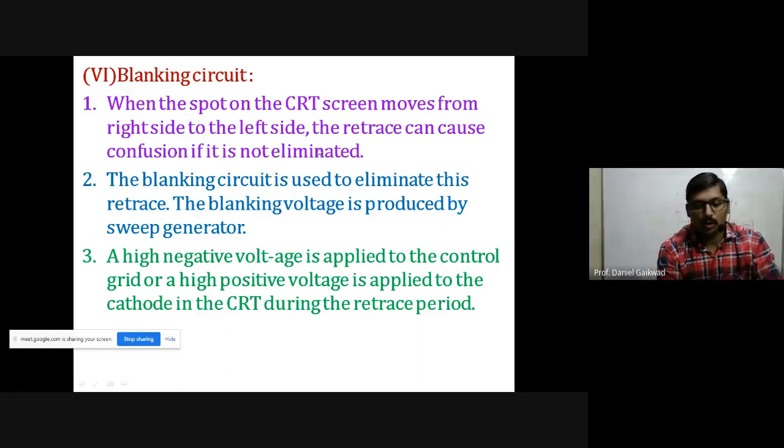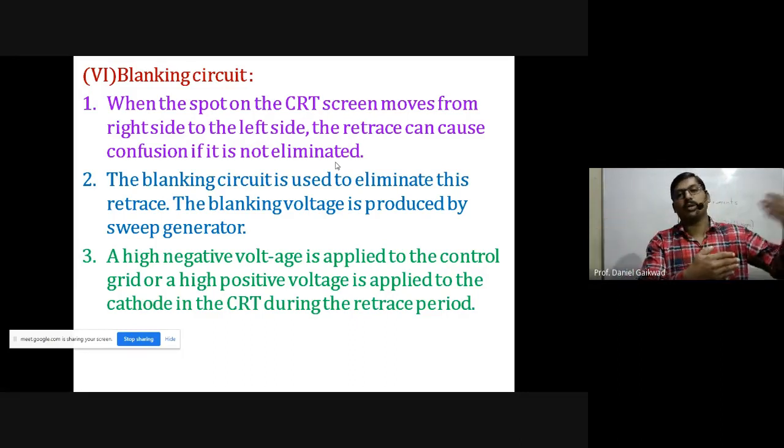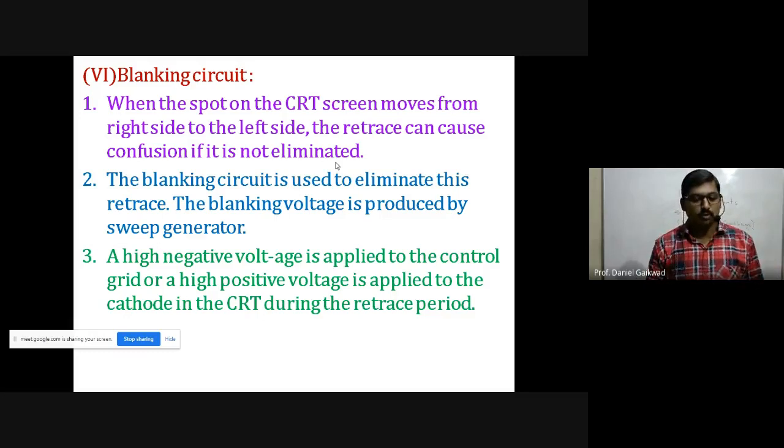When the spot on the CRT screen moves from right side to left side, the retrace can cause confusion if it is not eliminated. The retrace is the same type of waveform and there is overlapping of one waveform and the second waveform. So there is confusion between the two waves simultaneously appearing on screen.